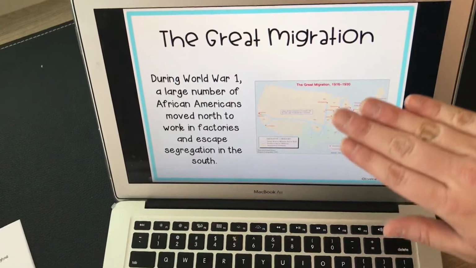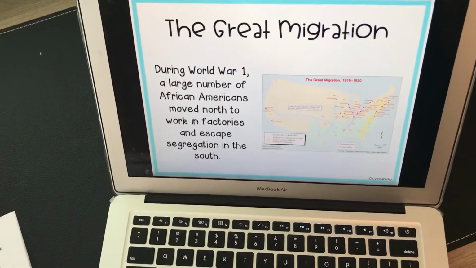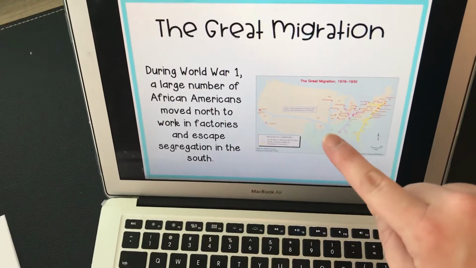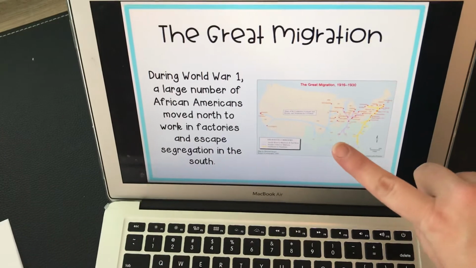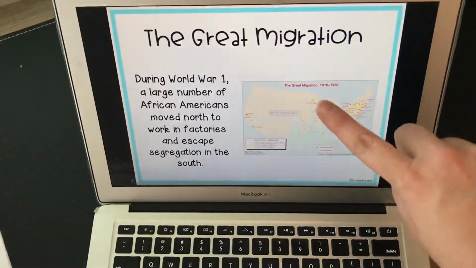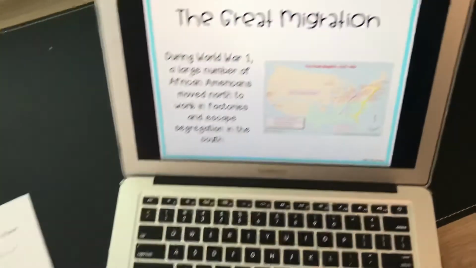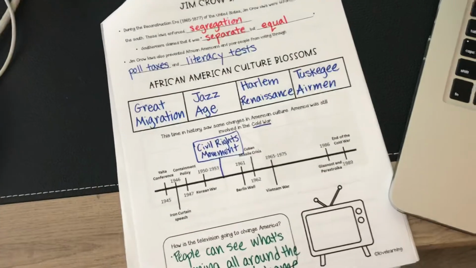And they decided, okay, there's more opportunity, there's less segregation, and there's less issues for us if we move away from the South. Many people had to stay there, but many people did move. They moved up into the eastern part of the United States, the Midwest, and even all the way to the west in California and other parts, just to escape that awful segregation. So we had that as the Great Migration.